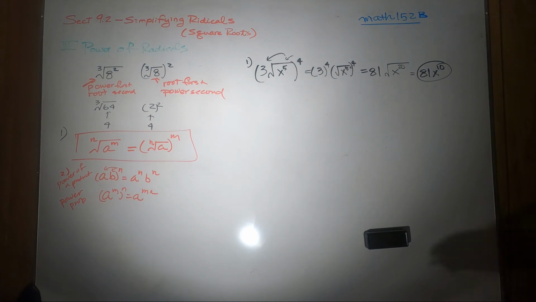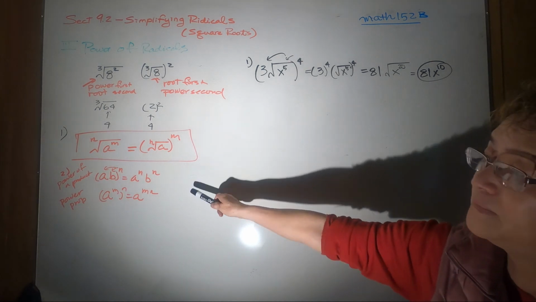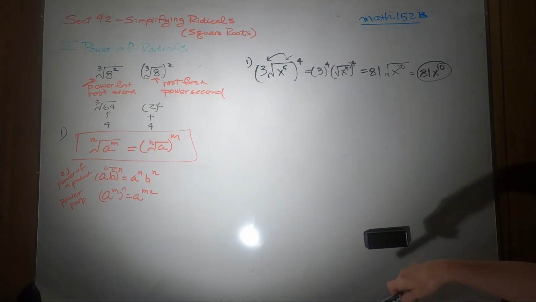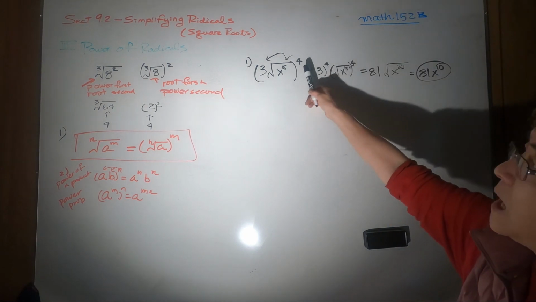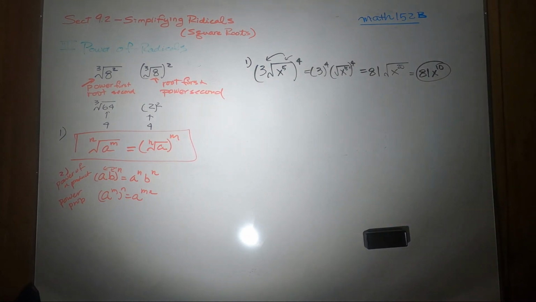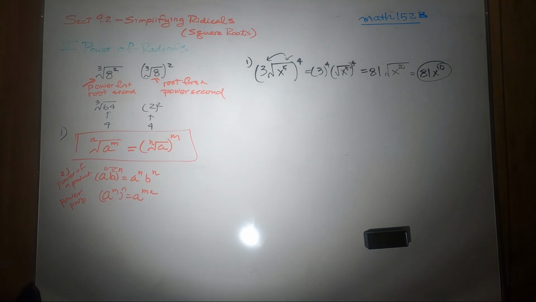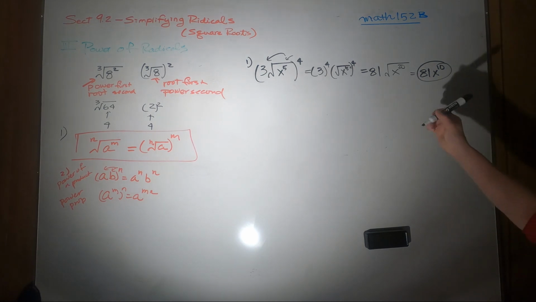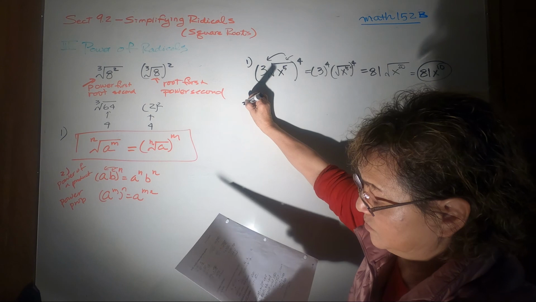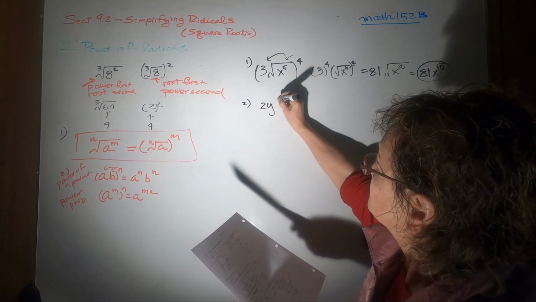Okay, that's how we use those properties when we apply a power to some radicals. Then we want to get the result as simple as possible. Okay, next one.